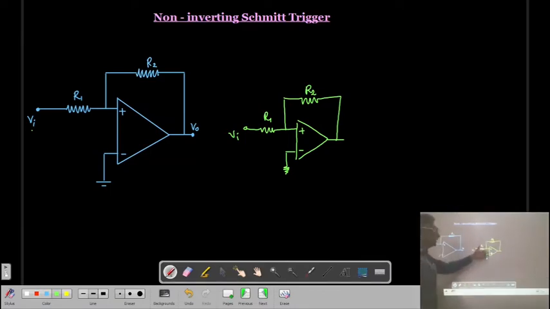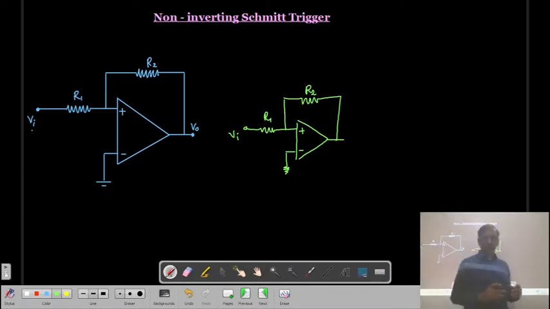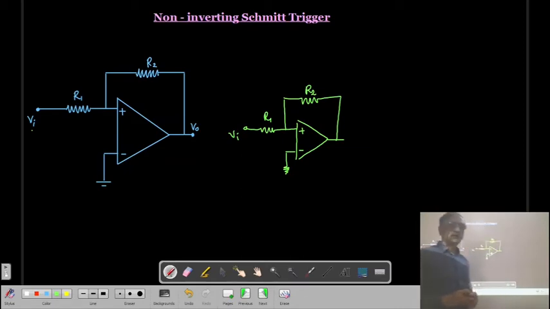And when we are changing this polarity, now there is no longer negative feedback. We have a positive feedback. Here at this point, the positive feedback is there, and we know that in a positive feedback, the output voltage will be either in a plus V saturation or in a minus V saturation.